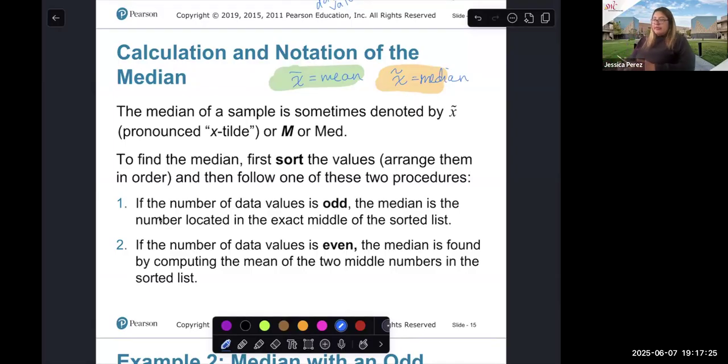To find the median, we first sort the data values. We arrange them in order, and then we look at the following two procedures. If the number of data values is odd, then the median is located exactly in the middle. If it is even, then we compute the mean of the two middle numbers in the sorted list.